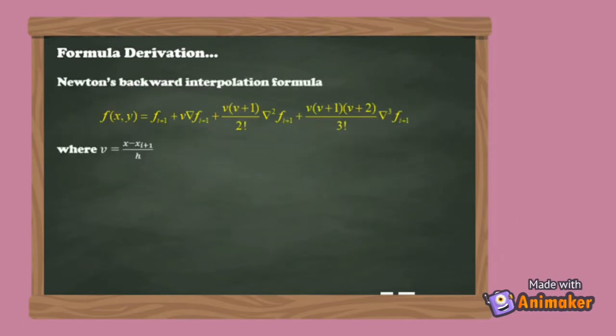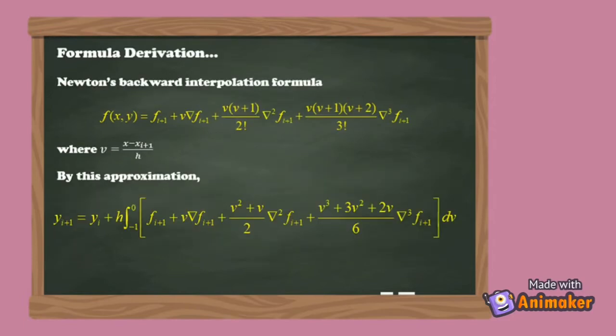Then, we can use the same technique to find the corrector formula. To find the corrector formula, the function f is approximated by the Newton backward interpolation polynomial. By using f(i+1) and v equals (x minus x(i+1)) over h, we have the Newton backward interpolation polynomial as follows.